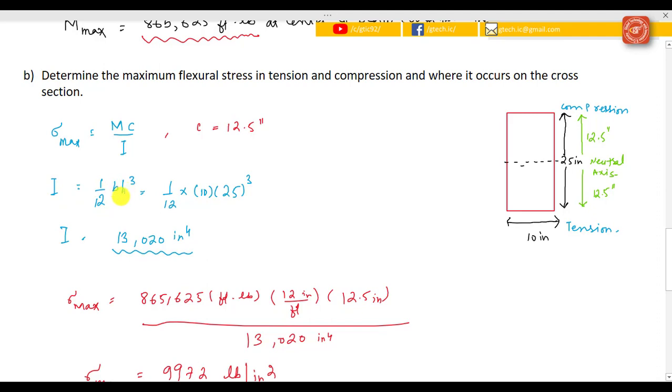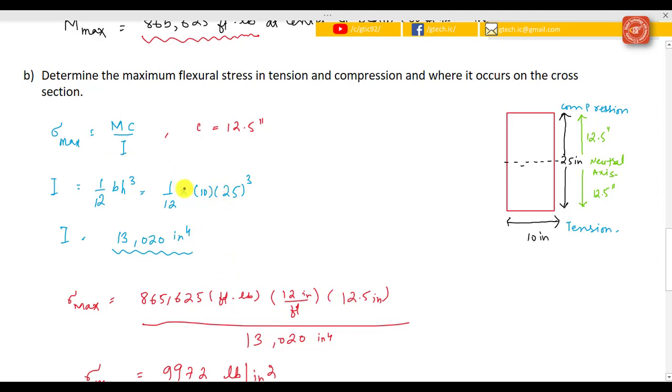We know the moment of inertia formula of the simple rectangular cross section from our previous video lecture. So plug in these values into this formula and the moment of inertia of the simple rectangular cross section would be 13,020 inch to the fourth.